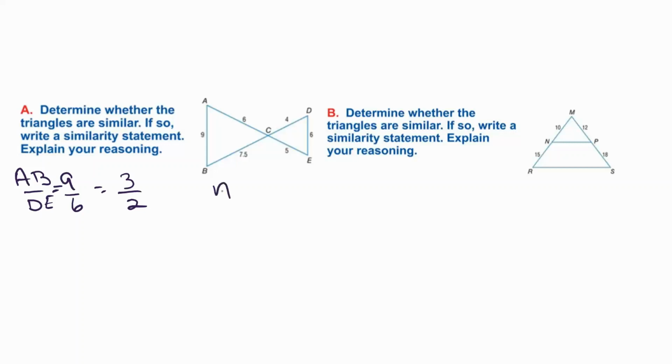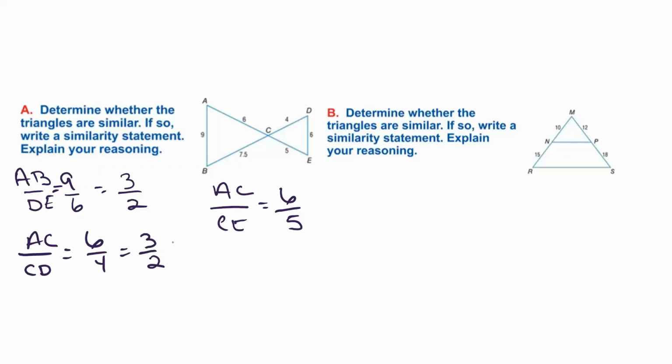If I try AC over CE, that's 6/5, which doesn't work. So let's try AC over CD. That's 6 over 4, which also reduces to 3 over 2.